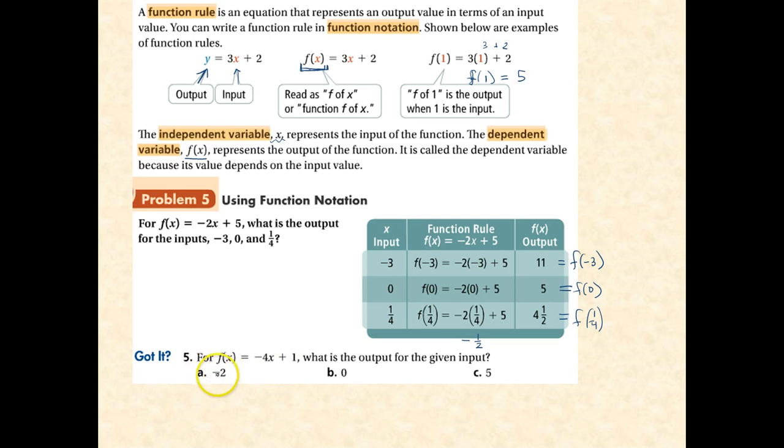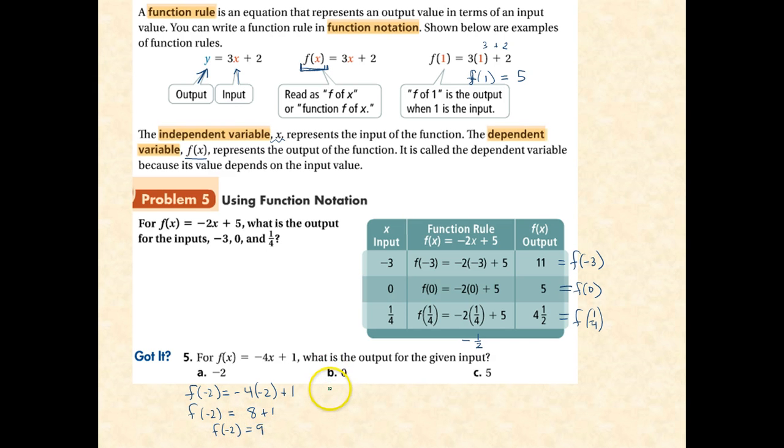For A, if x is negative 2, f of negative 2 is negative 4 times our input, negative 2, plus 1. So f of negative 2 is negative 4 times negative 2, which is positive 8. So that means that f of negative 2 equals 9.